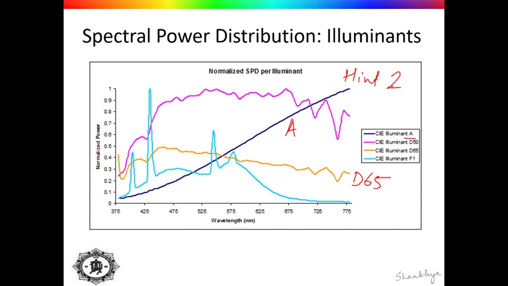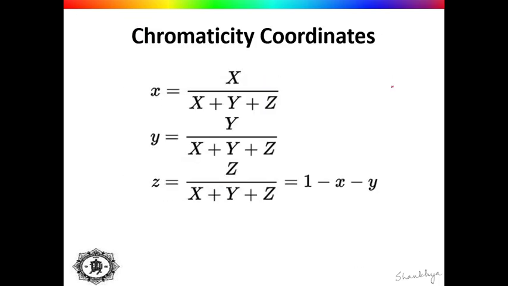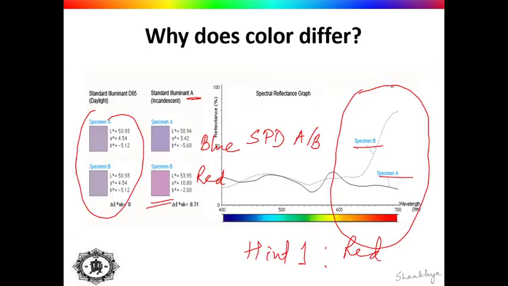Now using both hints, that is hint number 1 and hint number 2, try to figure out why it is that under illuminant A, this particular specimen B has a reddish type of color appearance.